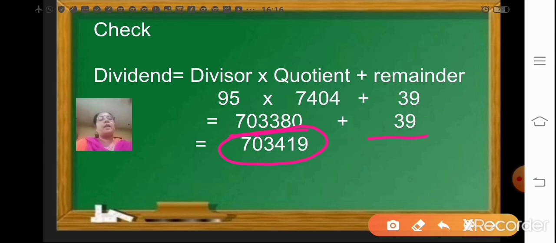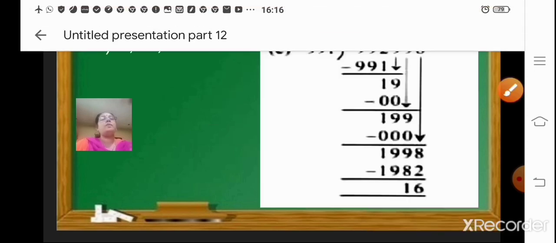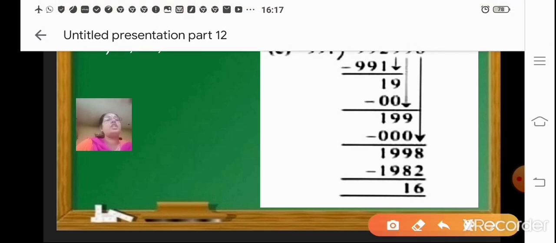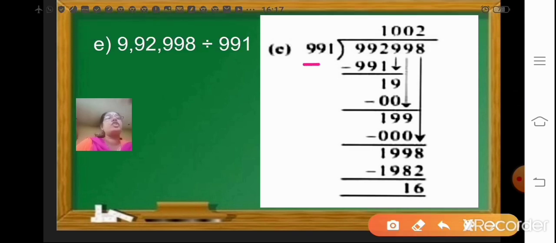Okay, so coming to the next sum now. E sum, 9,92,998 to be divided by 991. Okay, now let us take the first 3 digits. Since your divisor is a 3-digit number, we'll take first 3 digits, that is 992.